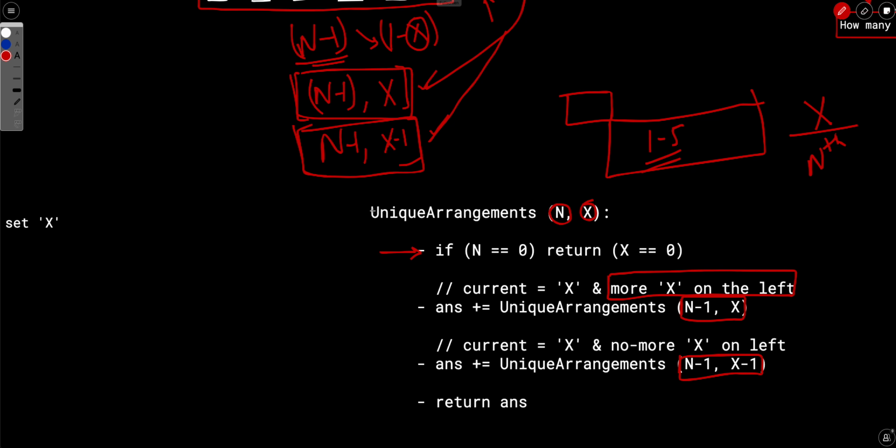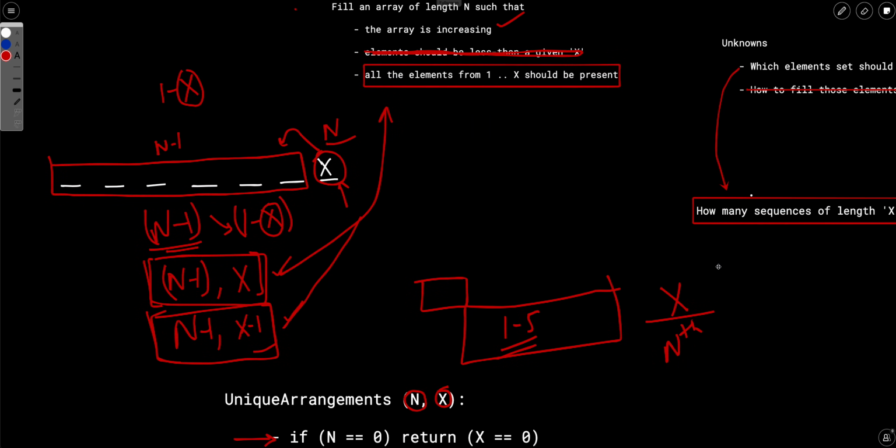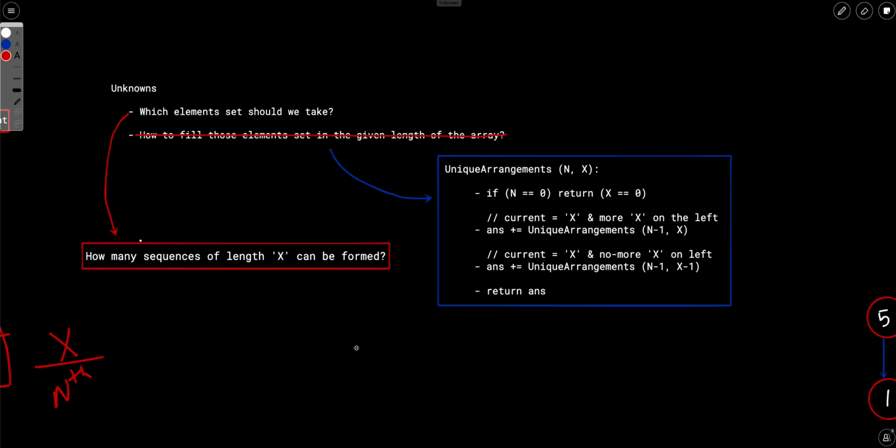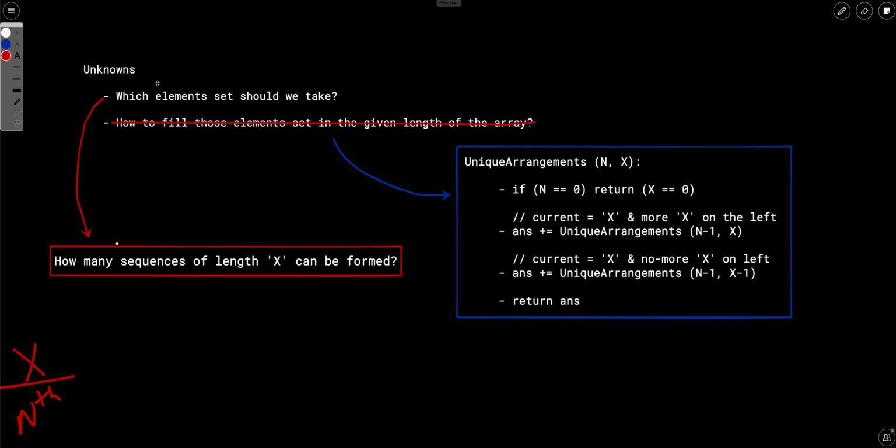And remember, we need to memoize it to make sure that we are not calculating the same state again and again. So with this piece that we have just solved, let's look at the broader picture again. We started with two unknowns. The first unknown was which elements should we take, because we have to take elements such that they are divisible, right?